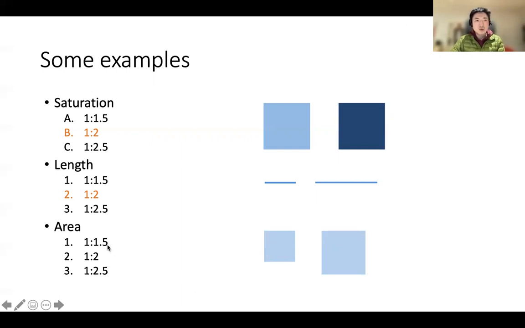Is it 1.5 times, twice, or 2.5 times? I'm going to let you do the poll again, so you can pick. I'm going to give it 30 seconds.